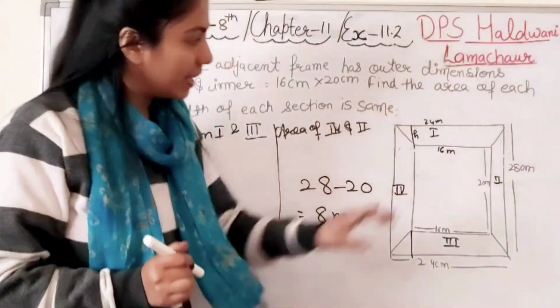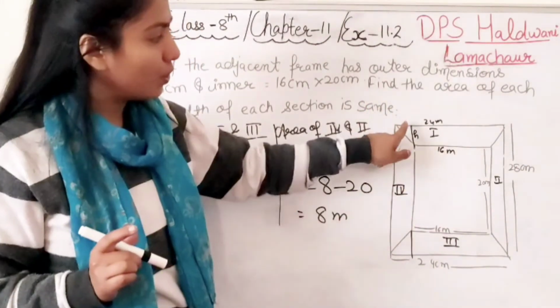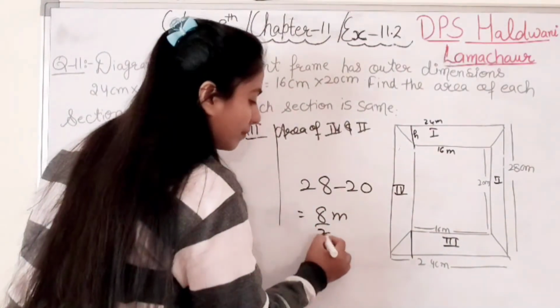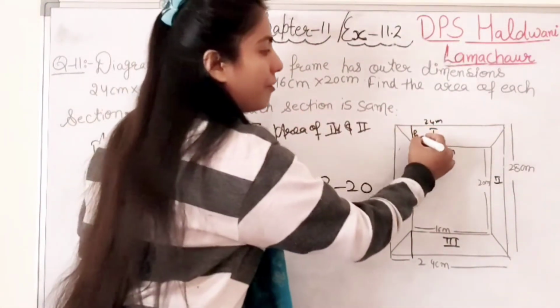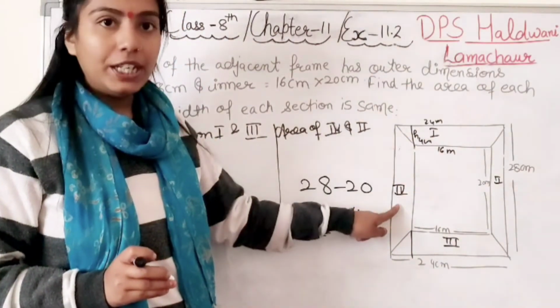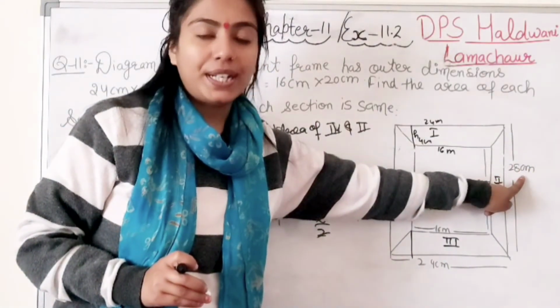Are you getting my point? It means 8 is the total of this height and this height. But we want only this edge. So half of 8 is 4, so the height will be 4 centimeter. Now calculate it: 4 plus 20 is 24, 24 plus 4 is 28. So the total is 28 only.